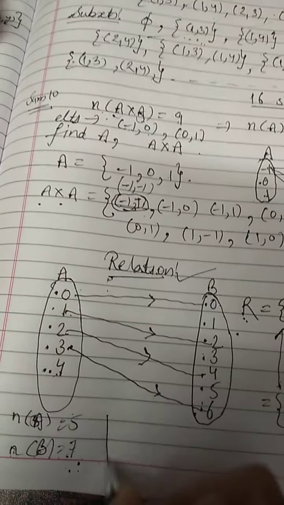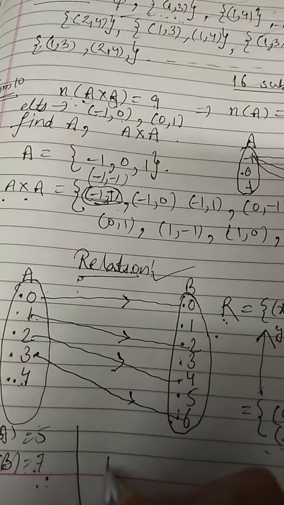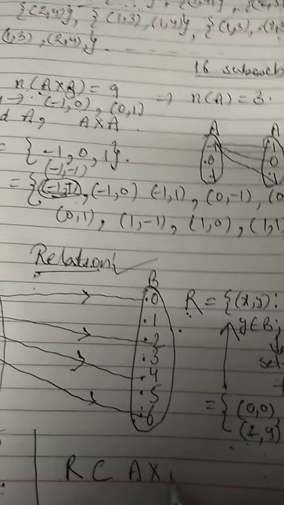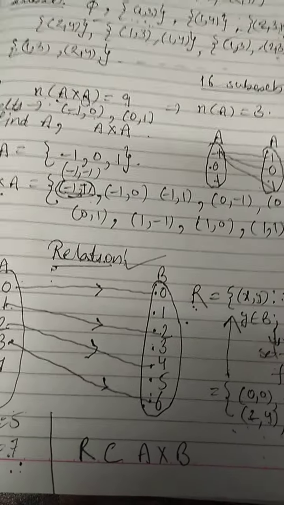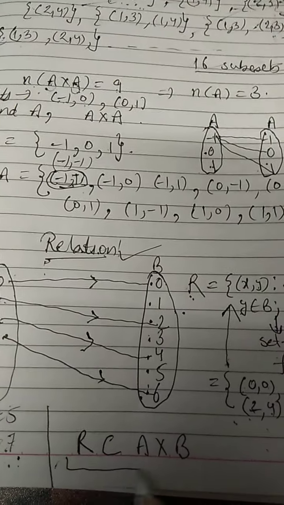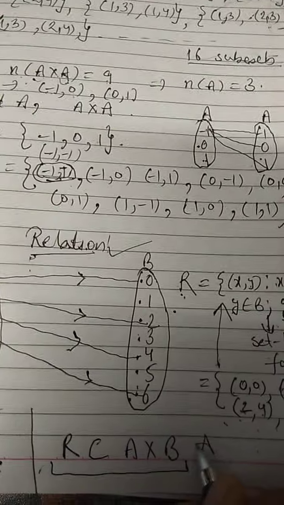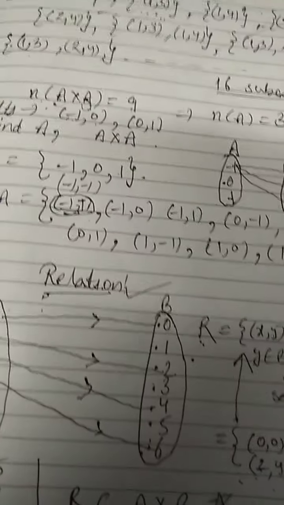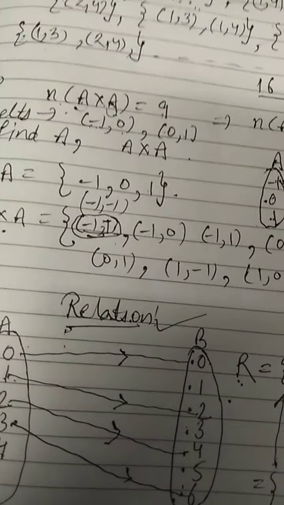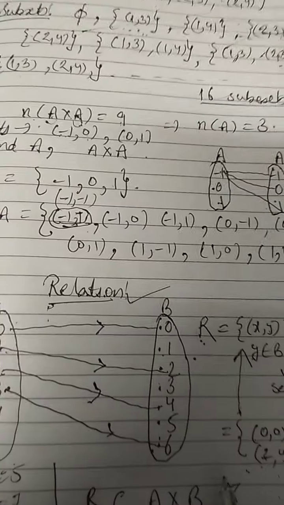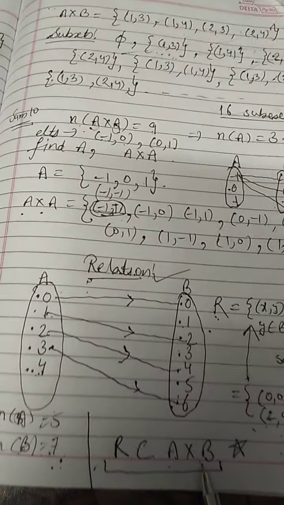So here comes the result, that a relation is always a subset of the Cartesian product of the two sets on which the relation is defined.